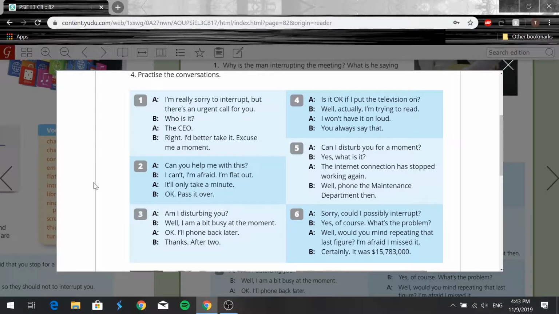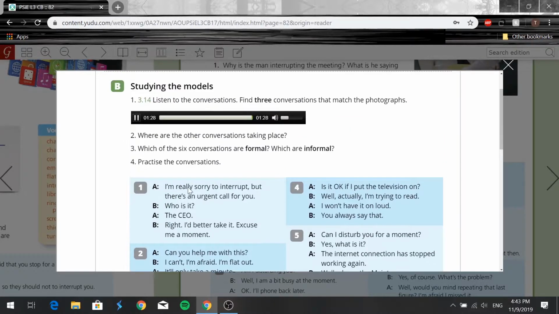Sorry, could I possibly interrupt? Yes, of course. What's the problem? Well, would you mind repeating that last figure? I'm afraid I missed it. Certainly. It was $15,783,000.